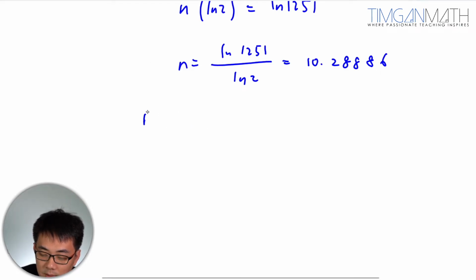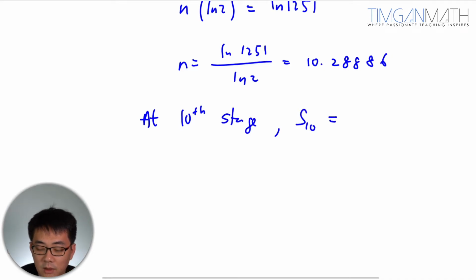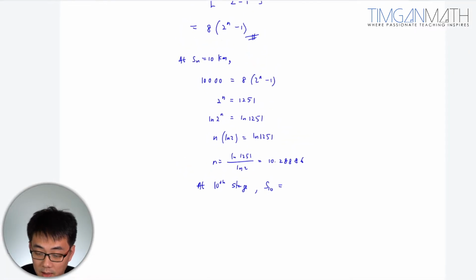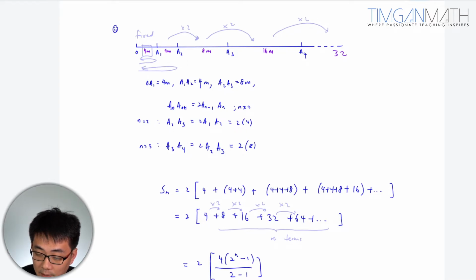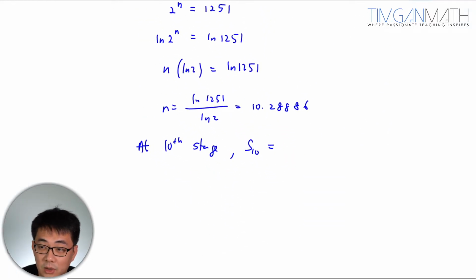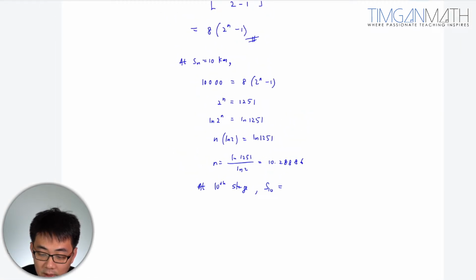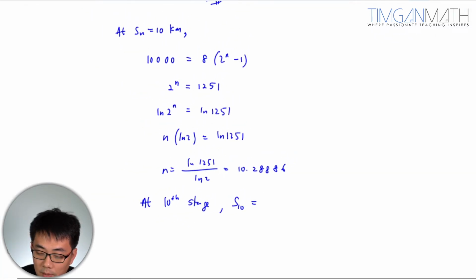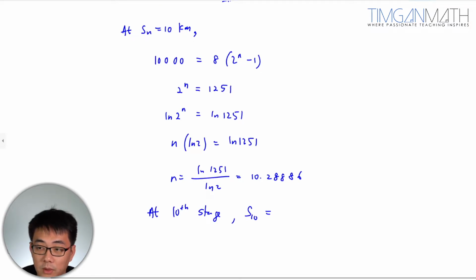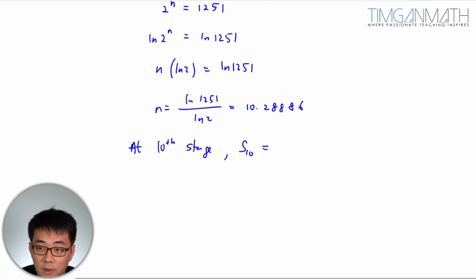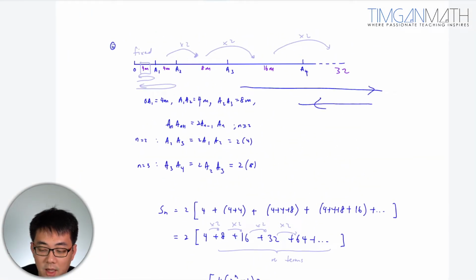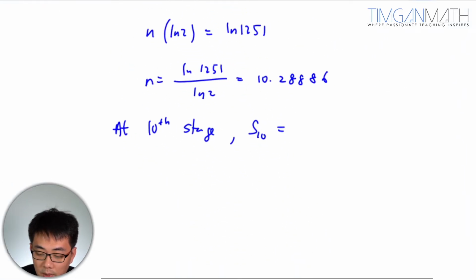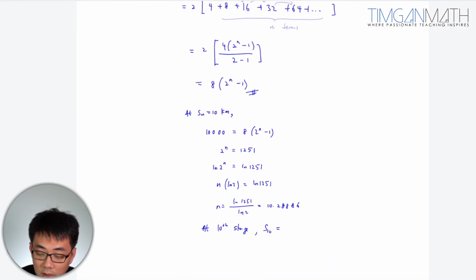At the 10th stage, we need to find the distance, because the distance for the 10th stage means we are looking at the distance travelled after the 10th stage. Then we can minus off 10 km, and we could find out which direction he is travelling. The problem now is we need to know whether he is travelling in this direction or this direction. So I'm going to find out, at the 10th stage, the total distance already covered.